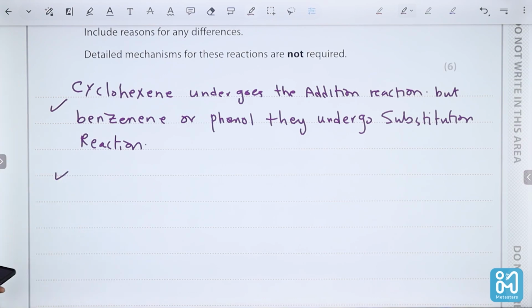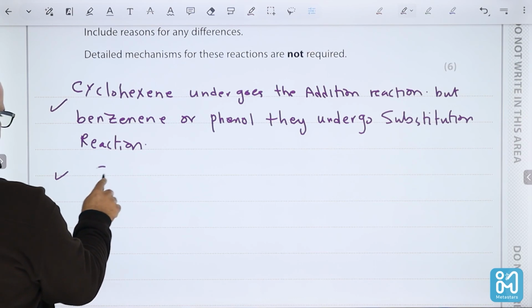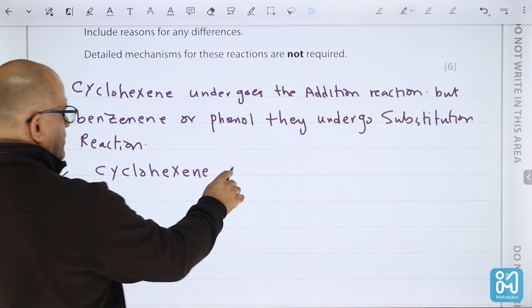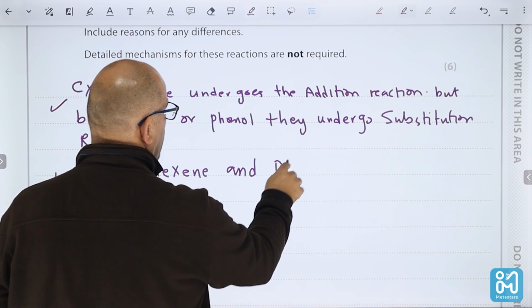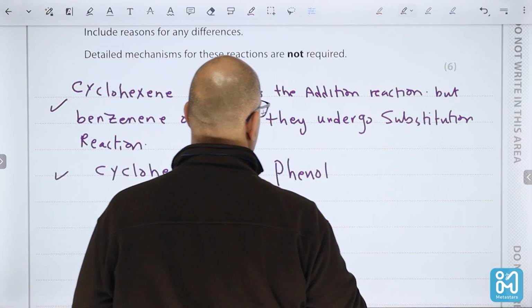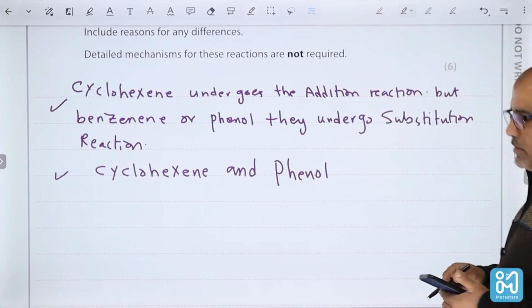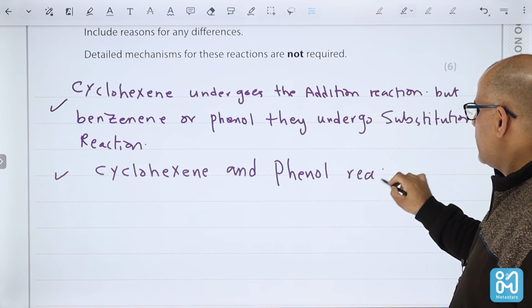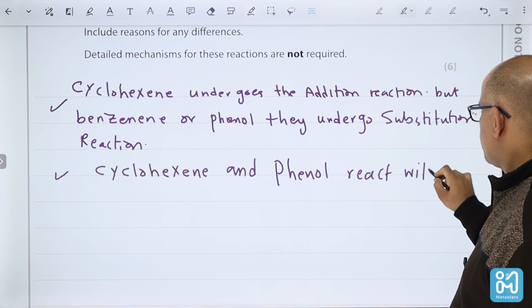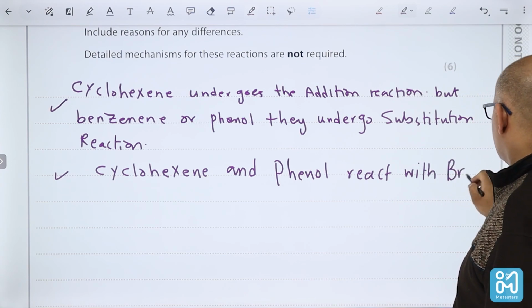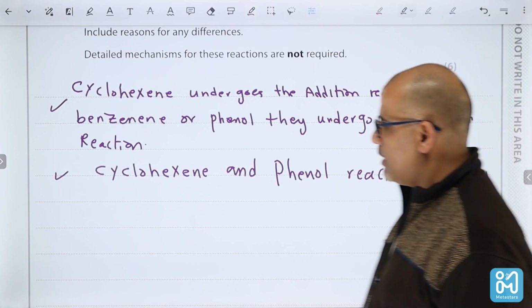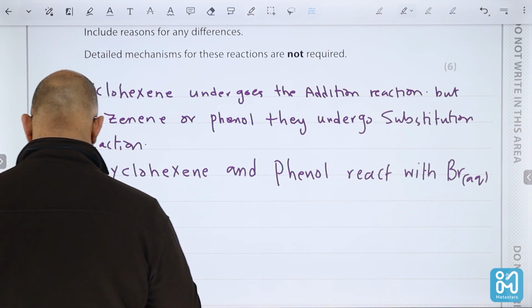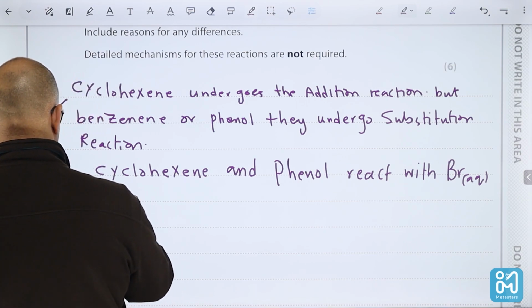The second point is that the cyclohexene and phenol react with Br2, which is an aqueous solution, under standard conditions without a catalyst.